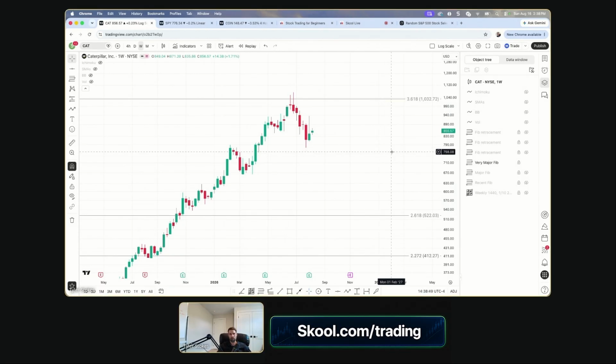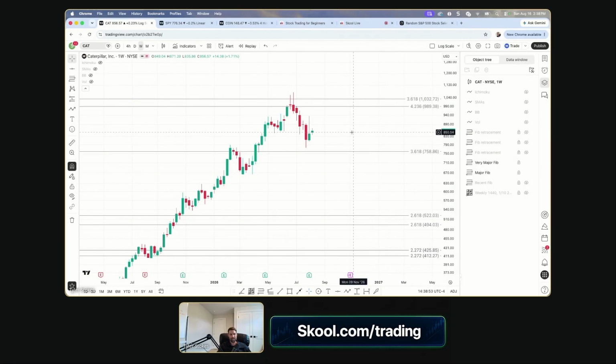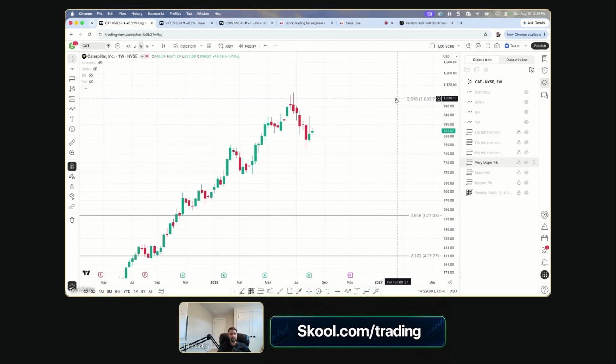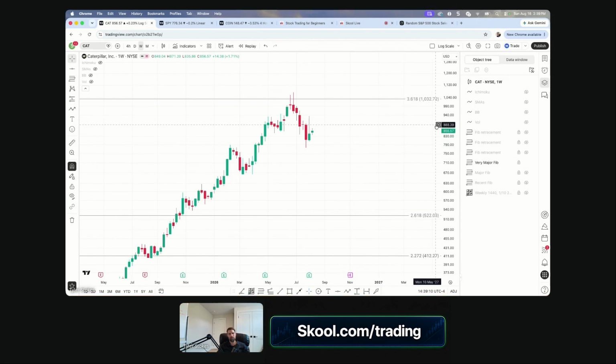And again, we want to use that with confluence. So the major fib is one that's in that zone right there, and then the more recent fib as well. At times, with the fibs that you draw from a long time ago, when you get to these extensions, the more recent fibs can be helpful because they can give some other support zones in this area.